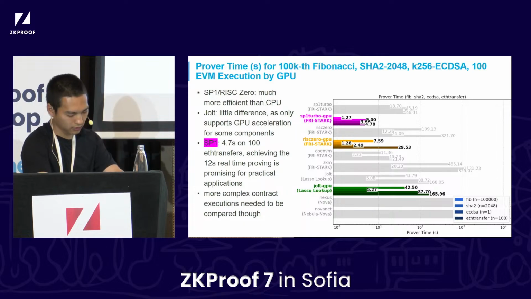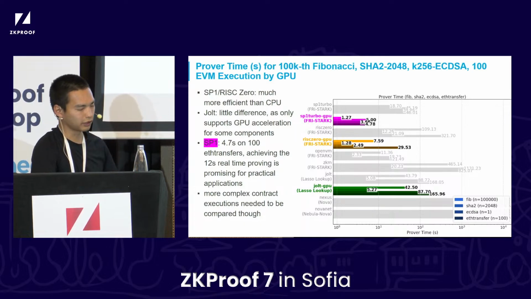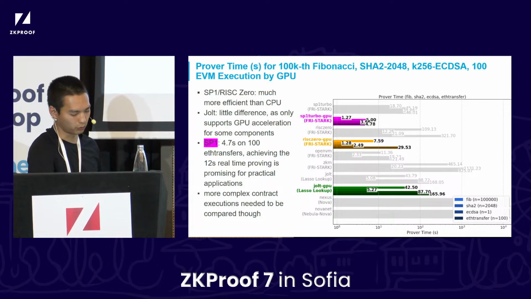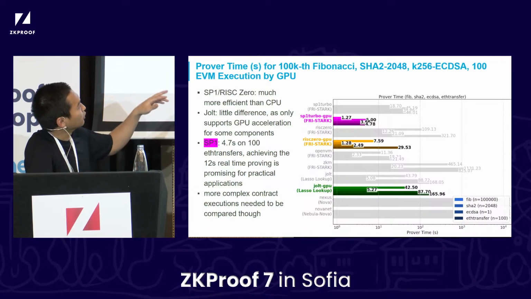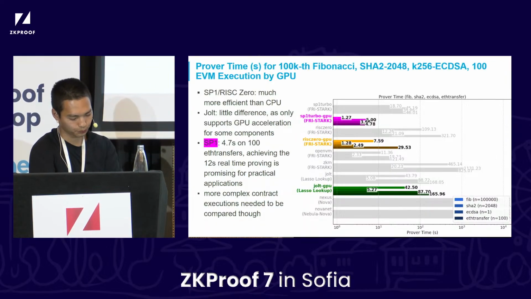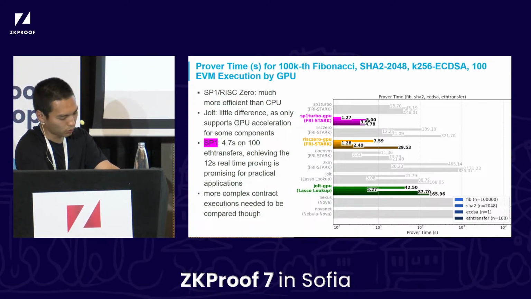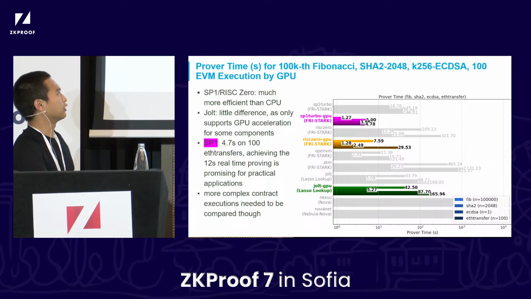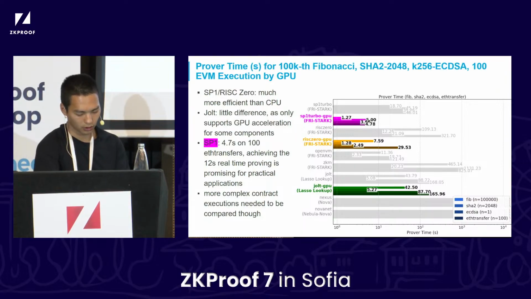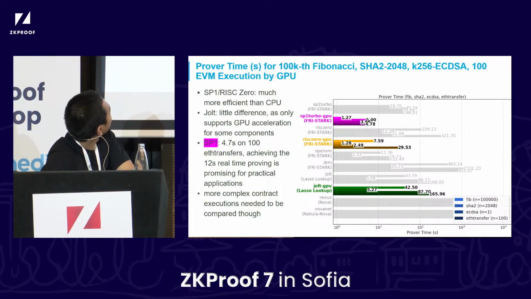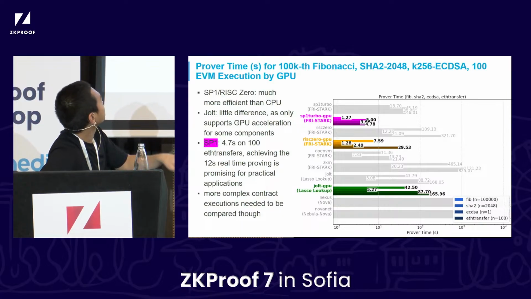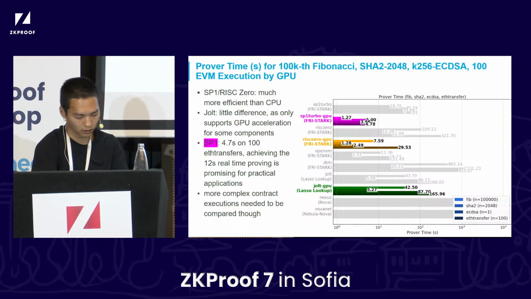And next, this graph shows the results for GPU performance for SP1, RISC Zero, and Jolt. SP1 and RISC Zero were much more efficient than their CPU implementations, and Jolt shows little difference as they only support GPU acceleration for some components.